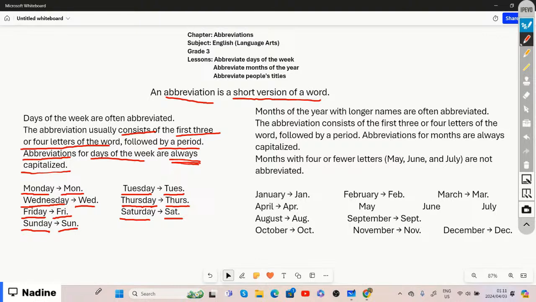All right. And then we have the months of the year. Months of the year, we also need to capitalize, which means that if we abbreviate months of the year, it is also going to be capitalized.